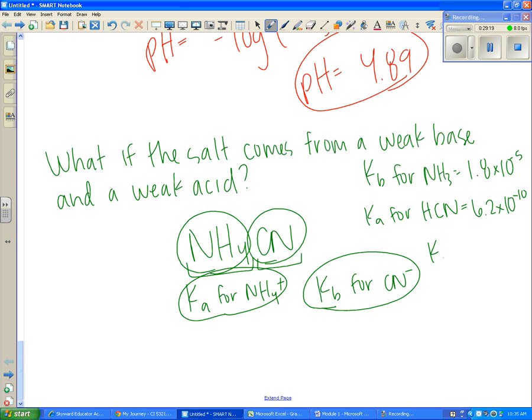So to find Ka for the ammonium ion, Ka times 1.8 times 10 to the minus 5th is equal to 1 times 10 to the minus 14th. We actually just solved that above: Ka is 5.55556 times 10 to the minus 10th. To find Kb for CN-, 6.2 times 10 to the minus 10th times Kb is 1 times 10 to the minus 14th.